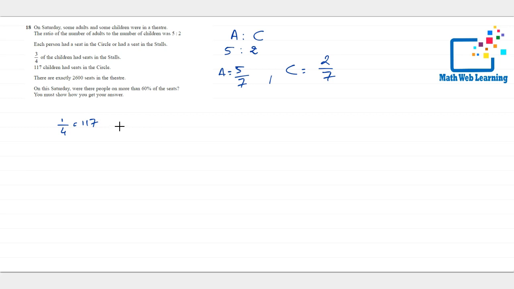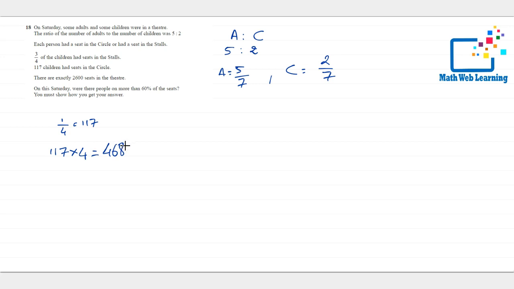So basically the total number of children would be 117 times 4, and that will give us 468.